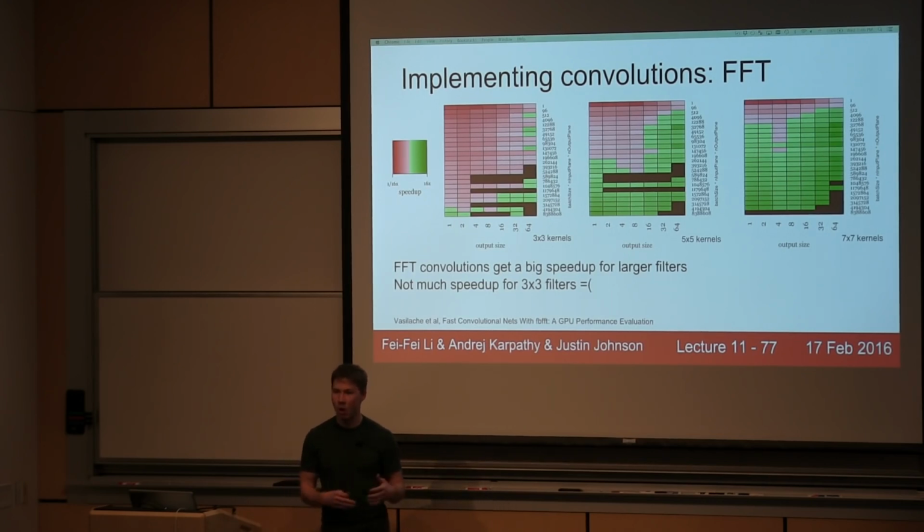When you're working with small 3x3 filters, the overhead of computing the Fourier transform just dwarfs the cost of doing the computation directly in the input pixel space. And as we talked about earlier in the lecture, those small convolutions are really nice and appealing for lots of reasons. So it's a little bit of a shame that this Fourier trick doesn't work out too well in practice. But if for some reason you do want to compute really large convolutions, then this is something you can try.